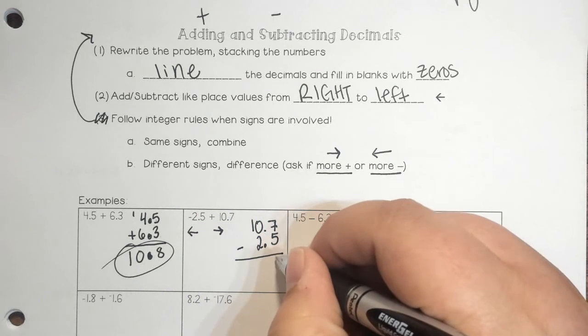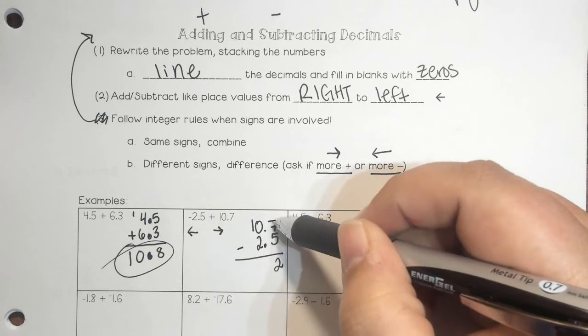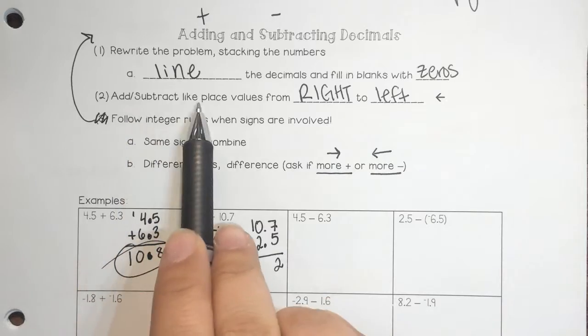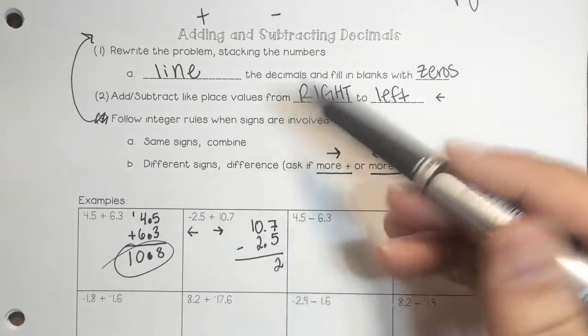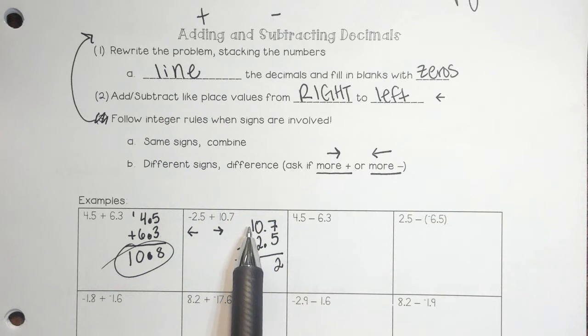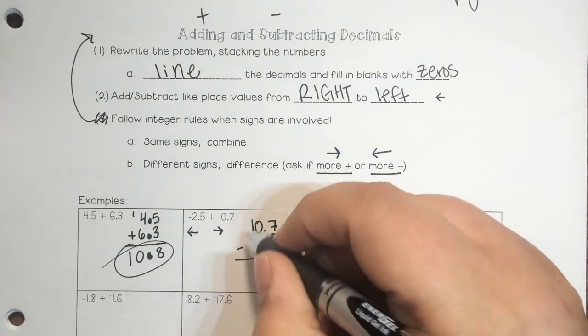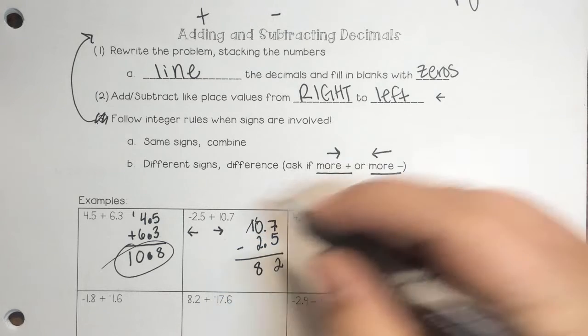7 minus 5 is 2. I'm going from right to left. 7 and 5 are in the same place value, so I'm subtracting the like place value from the right. I can't take 2 from 0, so you'd have to borrow from the 1 next door to the left of that, but if I did that, we'd have just another 10. We know what 10 minus 2 is, that's 8.